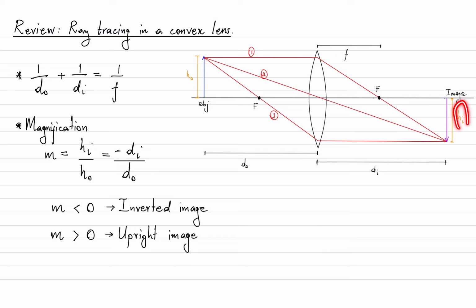Because HI is negative, let's quickly do this. Let's say HI is some negative number, minus 2 centimeters, and let's say our object height was initially 4 centimeters. This is just an on-the-fly example.